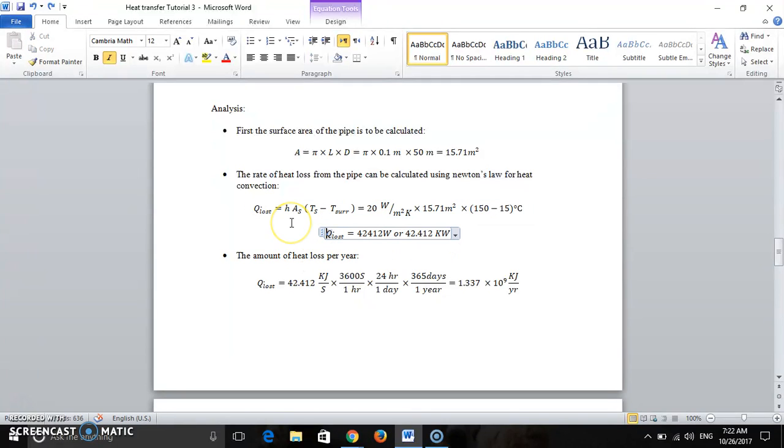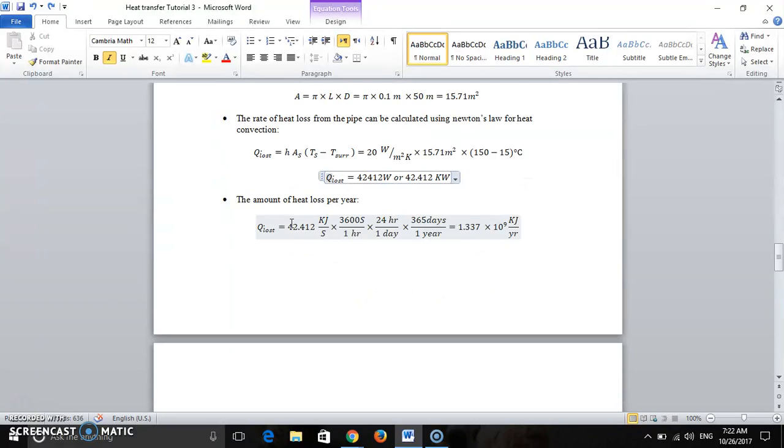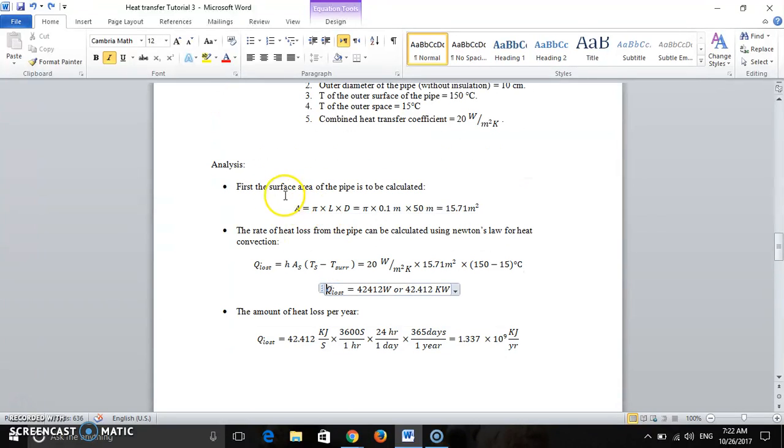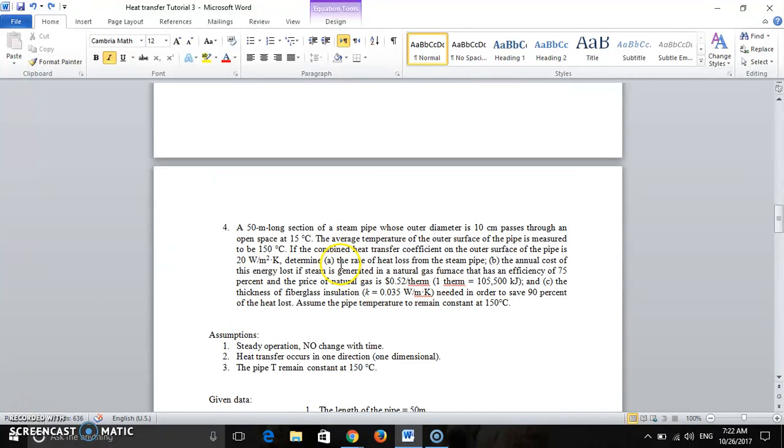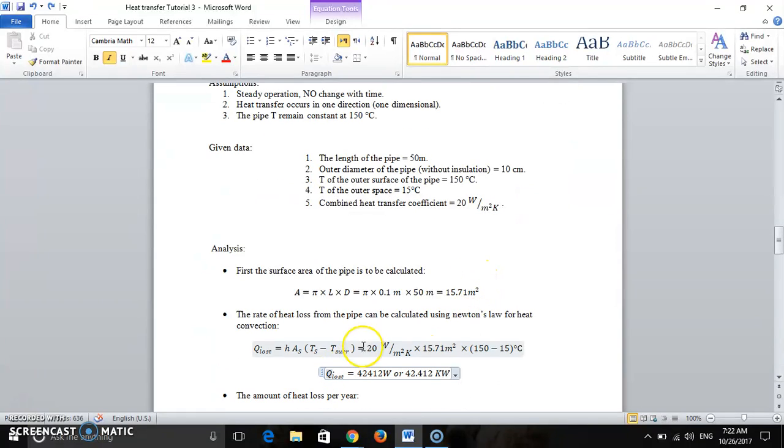If we proceed with our question, this is part A, which is to calculate the heat loss.